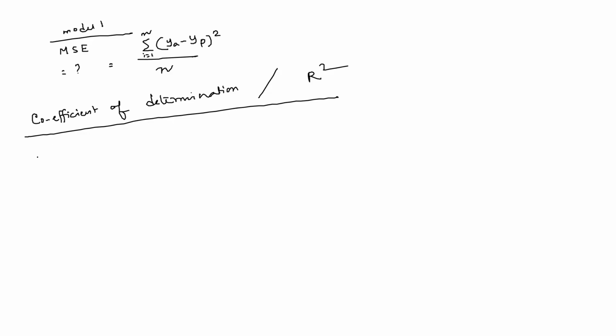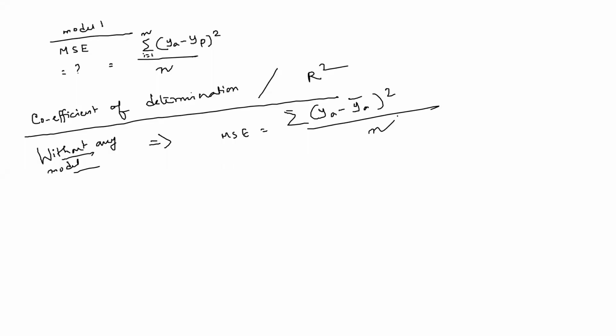So if the mean is my prediction without any model, a layman will give the mean as a prediction, and a layman will have an error: MSE, the sum of y actual minus y actual's mean, squared, divided by n.